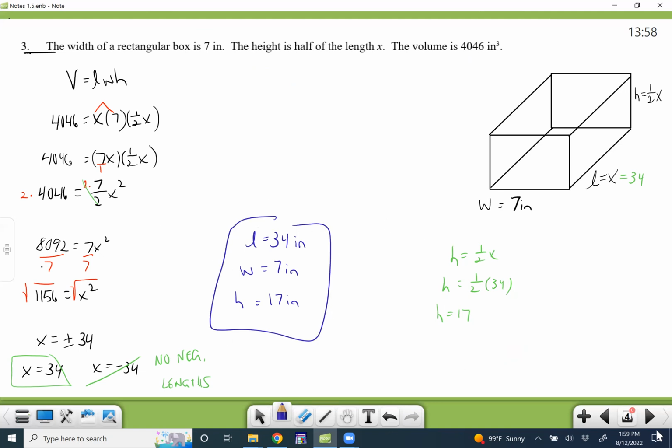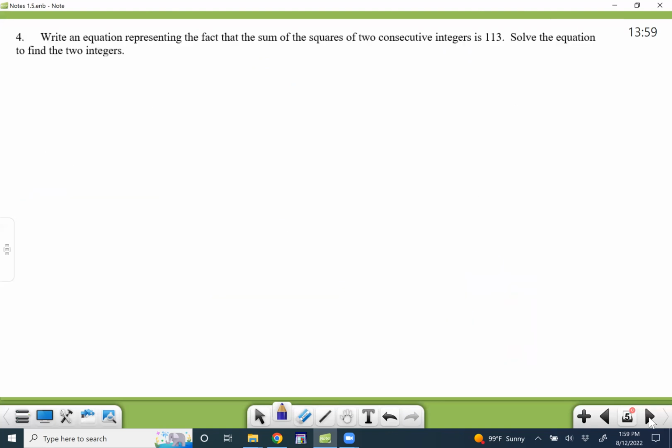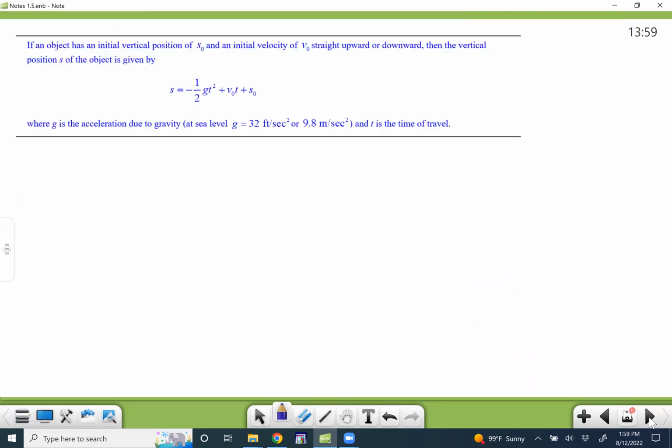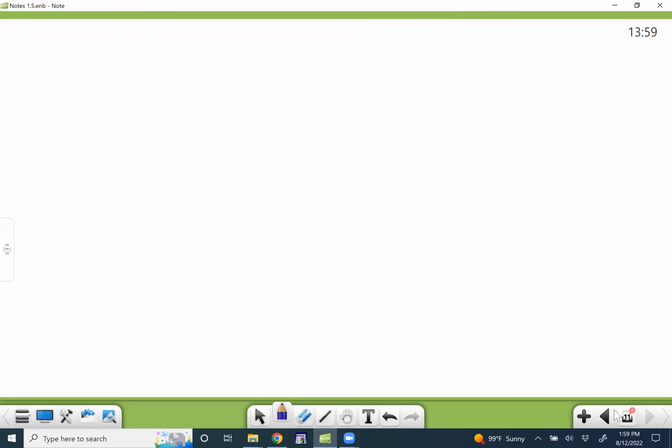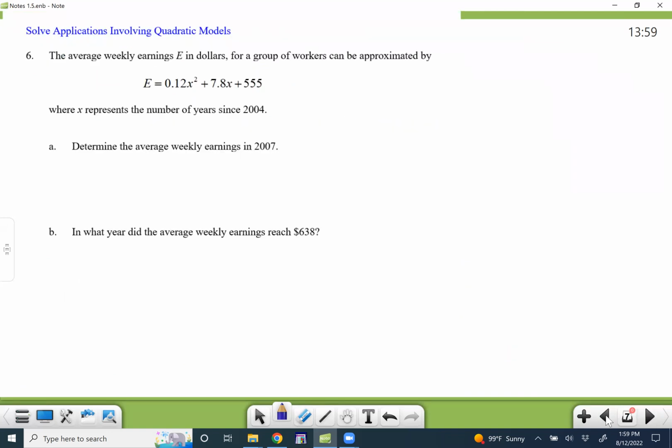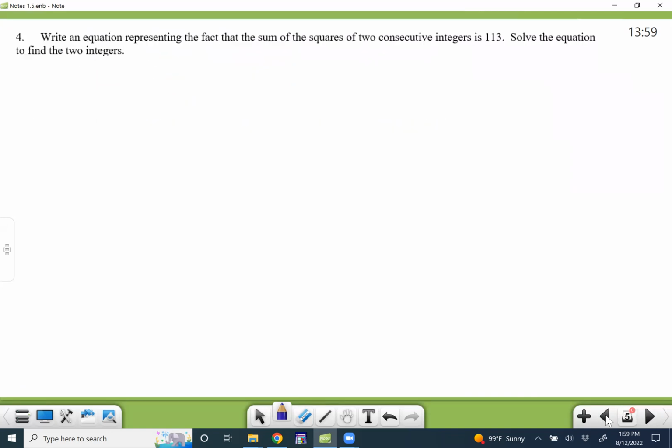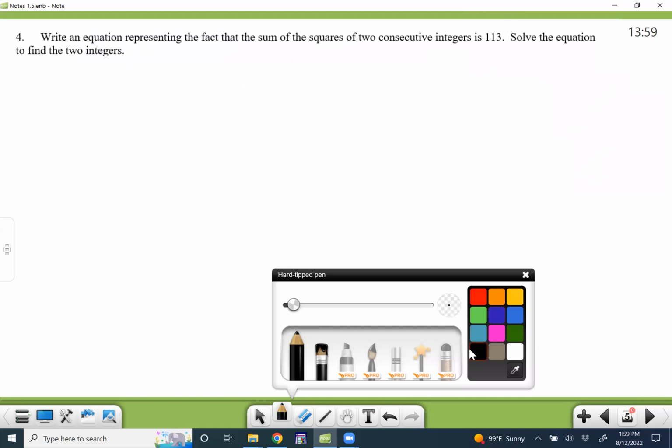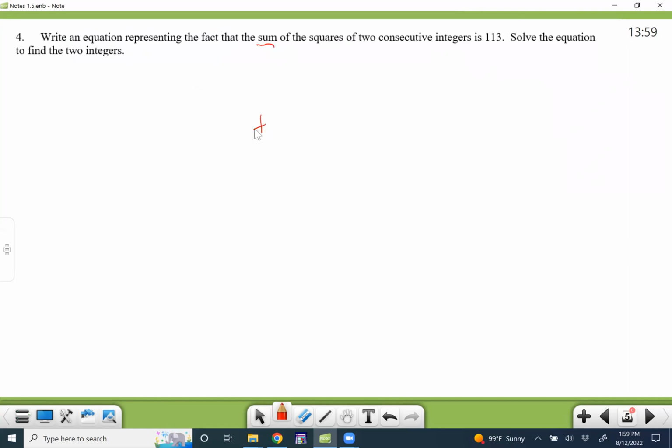Okay, so that was number 3. Number 4, I think we only have, yeah, it's there. Write an equation representing the fact that the sum of the squares of 2 consecutive integers is 113. So I'm looking through it and I see that I have the sum, which means I need a plus sign.